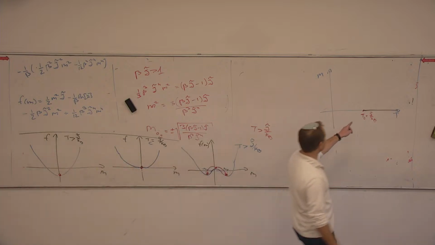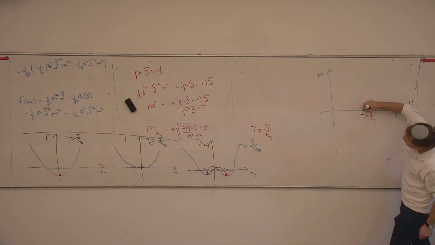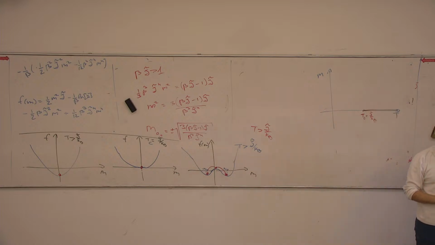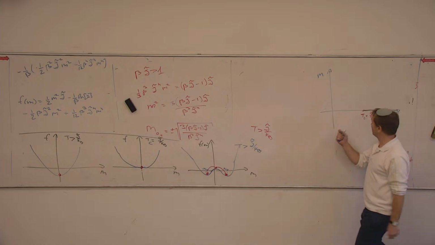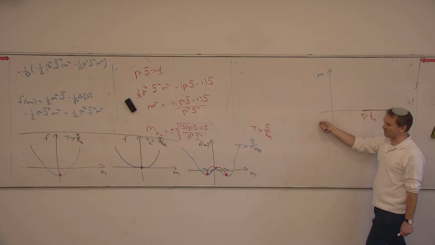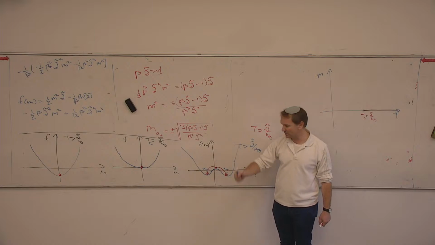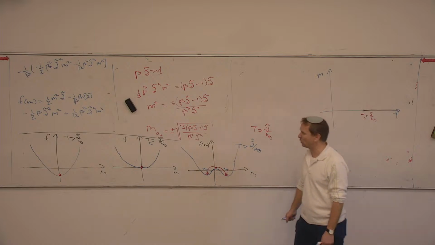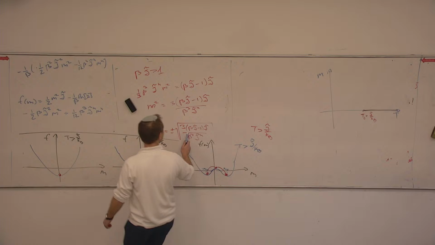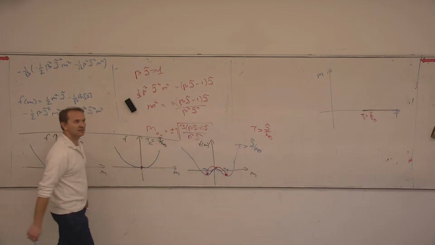Exactly at Tc, we still have only one solution. But the moment we cross this Rubicon, m equals 0 is not a stable point anymore. The stable points, the minima of the system, are m0 and minus m0. They behave like this.